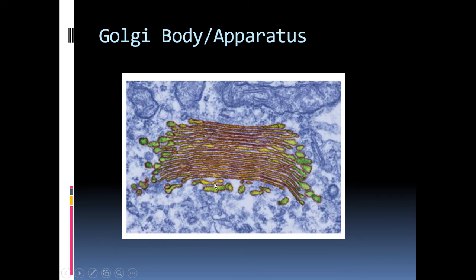But if the protein is intended to be used out of the cell, the Golgi body will pack the modified protein in small vesicles to be secreted out of the cell. And these vesicles are known as the secretory vesicles. The modified protein in the secretory vesicles can be enzymes such as maltase, protease, lipase, etc.